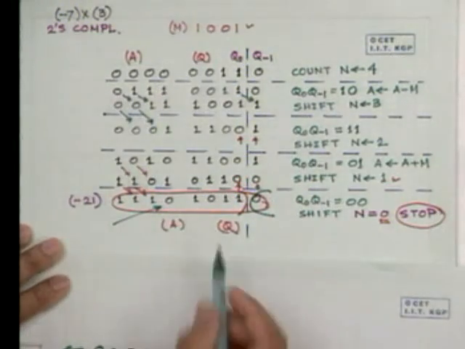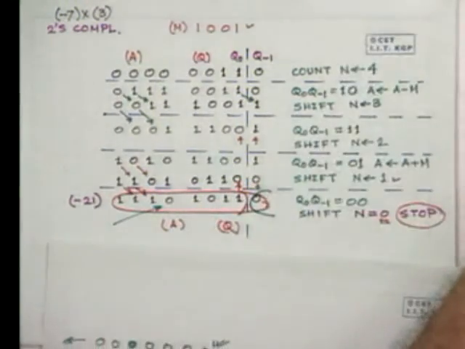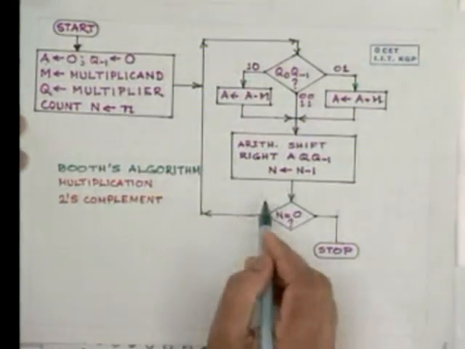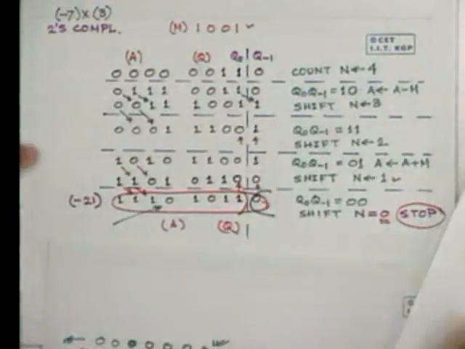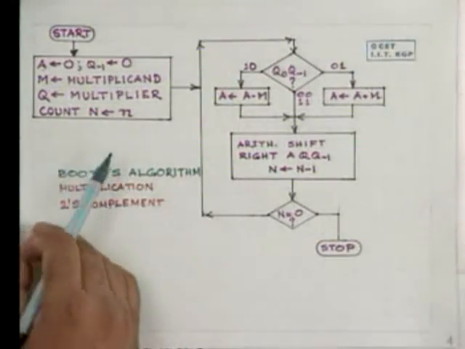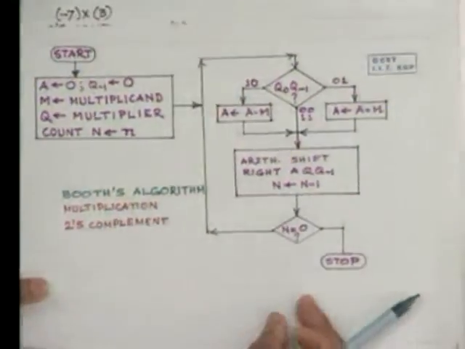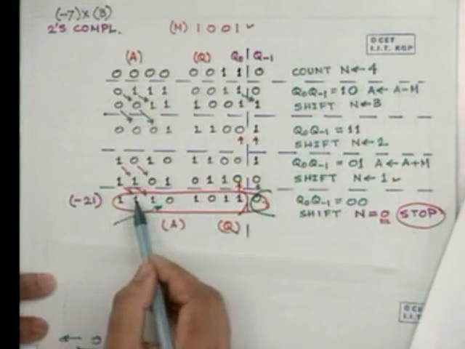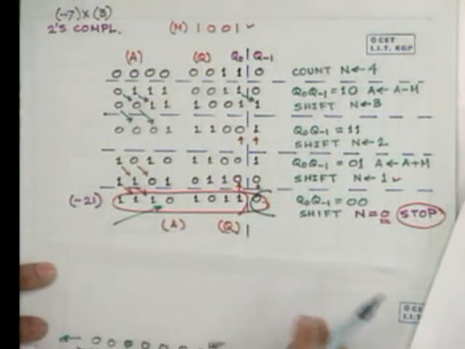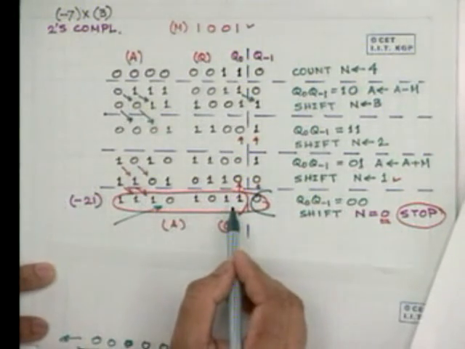What I suggest is that you take Booth's algorithm, take any two numbers, and go through this algorithm to do the operation. You will find that the result will be left in the A and Q registers taken together as the representation of the number, either positive or negative, in 2's complement form.